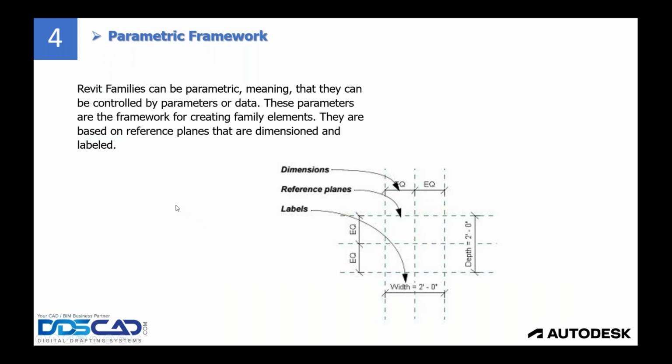However, what's the framework? What do we mean by that? In Revit families, we need to have some boundaries, those boundaries that allow me to create a certain volume that eventually is going to represent a piece of furniture or a mechanical equipment or even a plumbing fixture. Those limits, we actually organize by parameters, and those parameters usually create the framework.